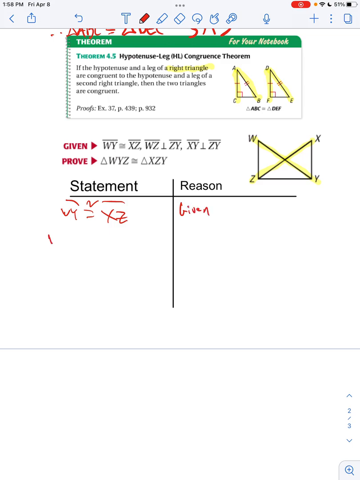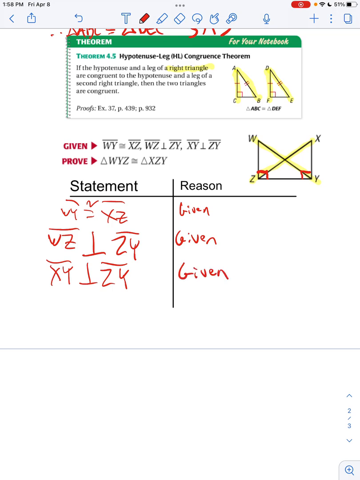Okay, given. I have WZ is perpendicular, given. WZ is perpendicular with ZY. So that's a 90-degree angle right there. And XY is perpendicular to ZY, which gives me, oops, it's not rounded, it should be squared off more. This is a right angle here. Sweet.